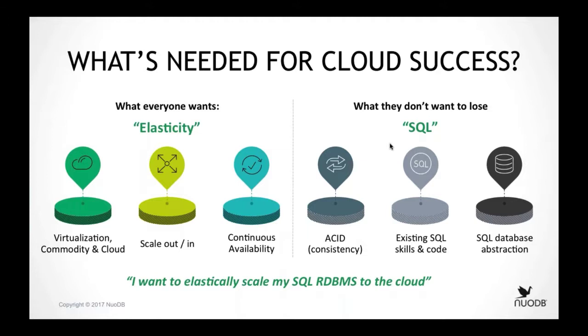So our customers are saying, to reduce the scope of changes, I would love to keep the existing SQL code that I've got, the ability to have ACID transactions, the ability to have durable data and guaranteed data durability for my applications. And so our customers are saying that they want to be able to elastically scale their existing SQL application into an architecture that supports the cloud environment.